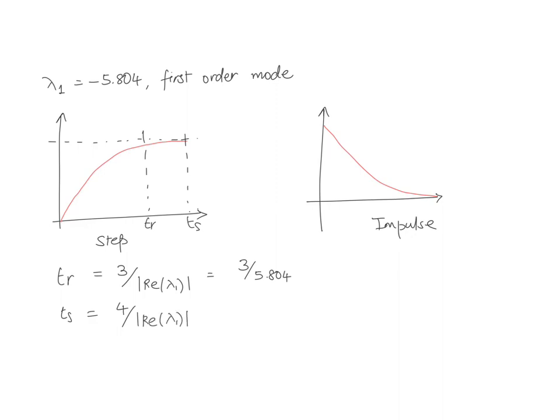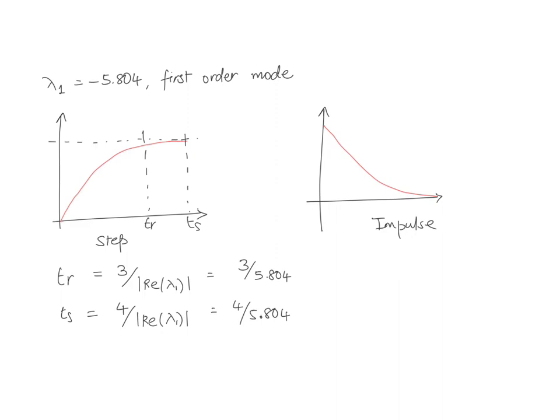In this case, lambda 1 is real, but just make a note of the absolute value. Although lambda is negative, you're looking for the absolute value, so that's why there's no negative sign over here. Anyways, this is 4 divided by 5.804.